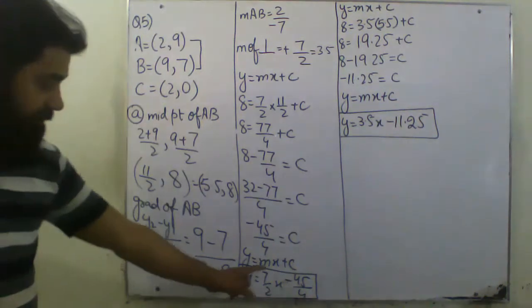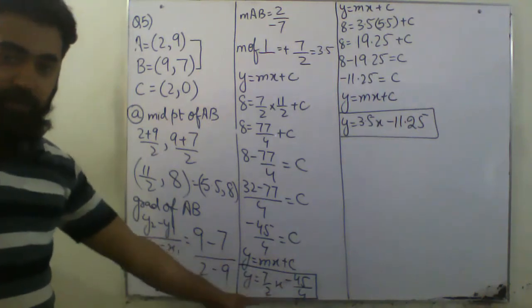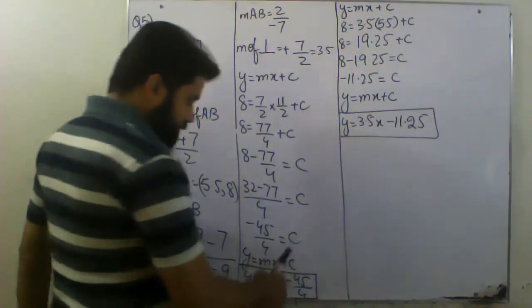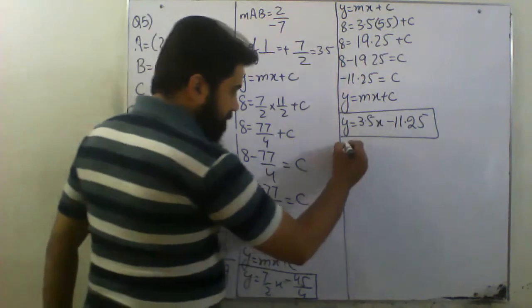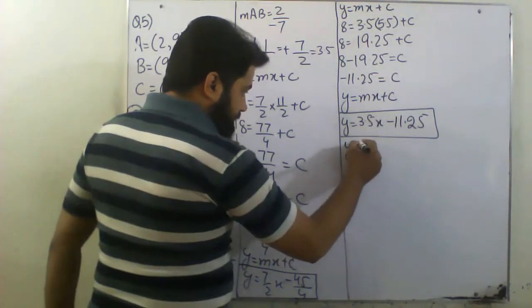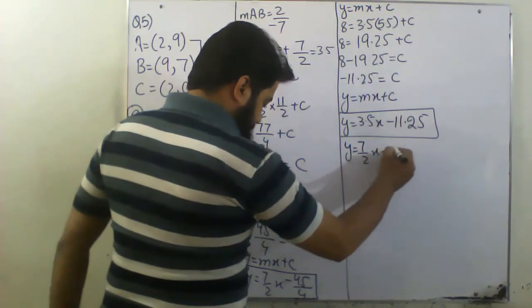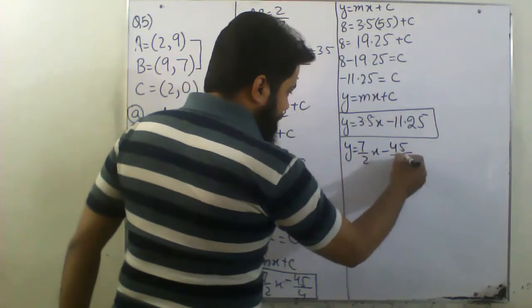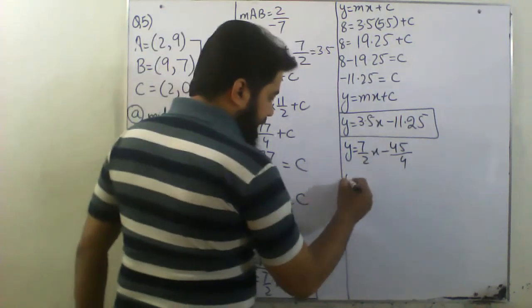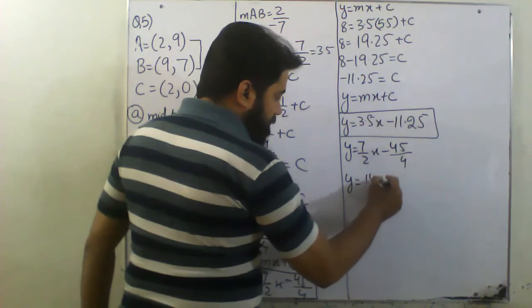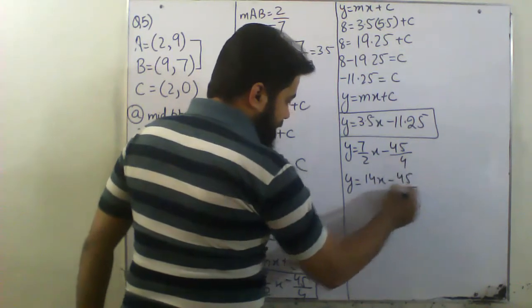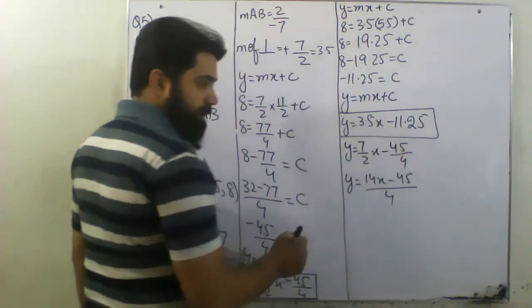And if you want to simplify this equation further, how will you do it? y equals 7 over 2 x minus 45 over 4. First of all, taking LCM, y equals 14x minus 45 over 4. I have taken LCM over here.